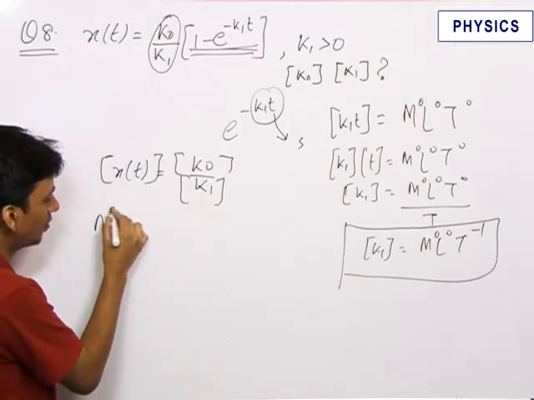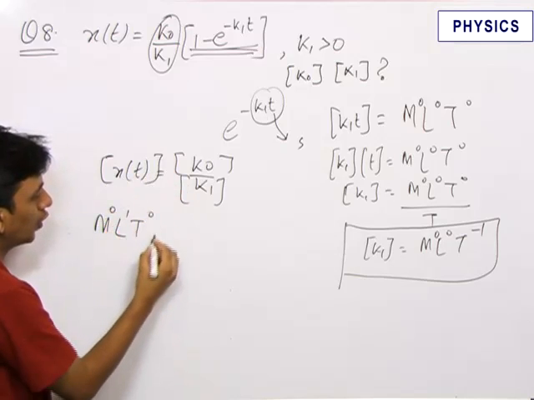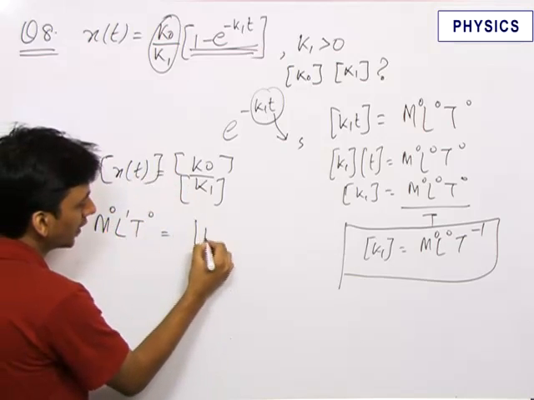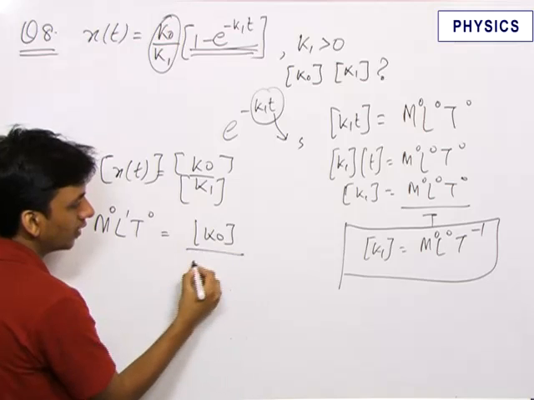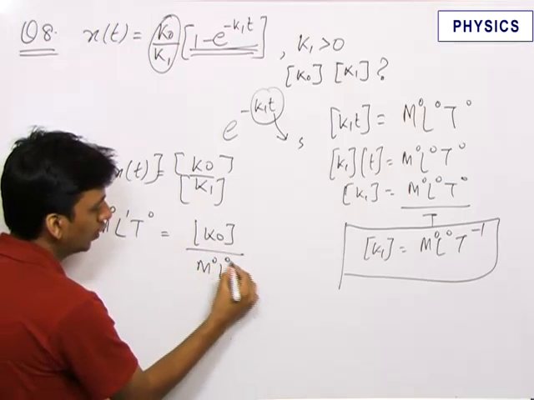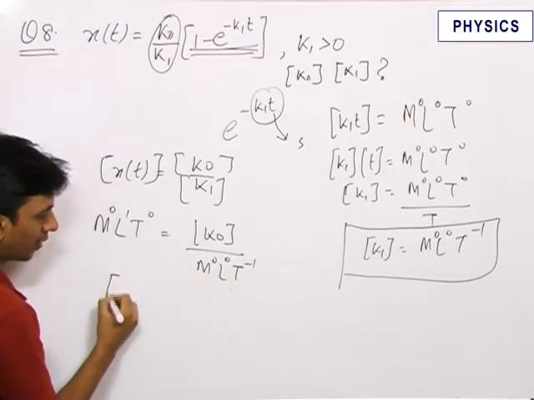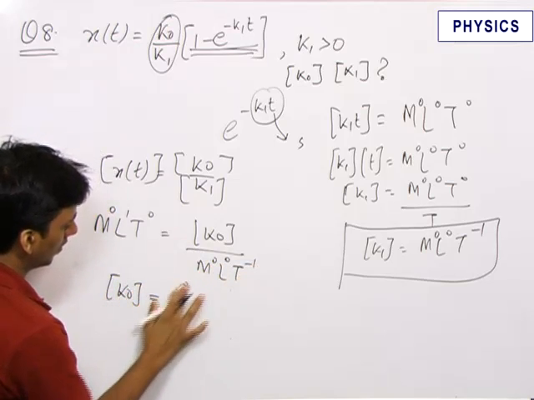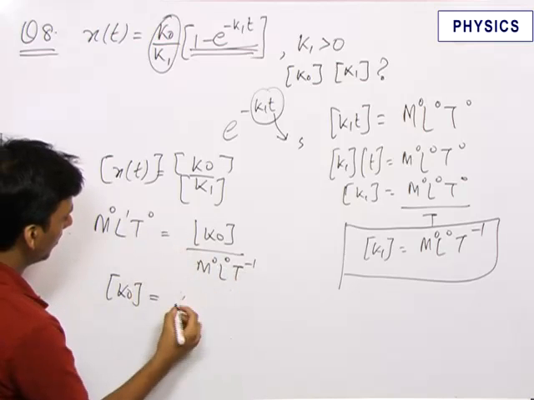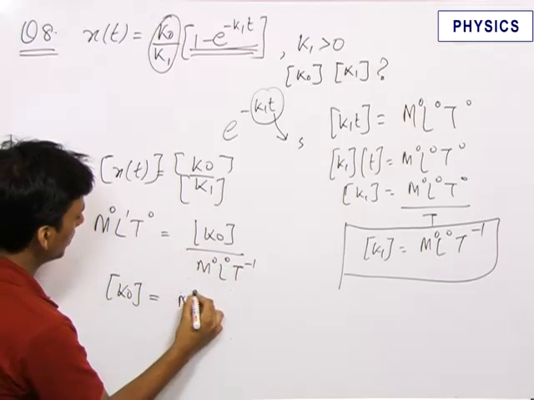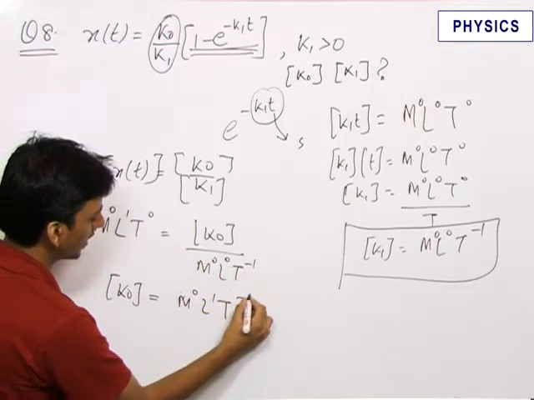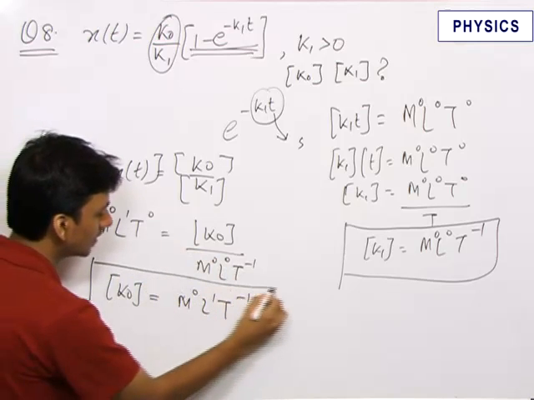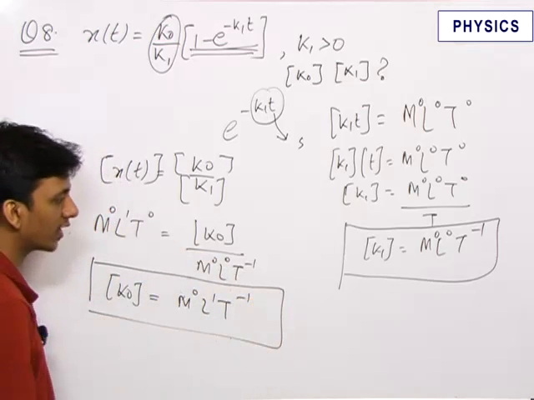We can write this as m0, l1, t0 is equal to the dimensions of k0 upon m0, l0, t to the power minus 1. So the dimensions of k0 become m0 multiplied here, it becomes m0, l1, t to the power minus 1.